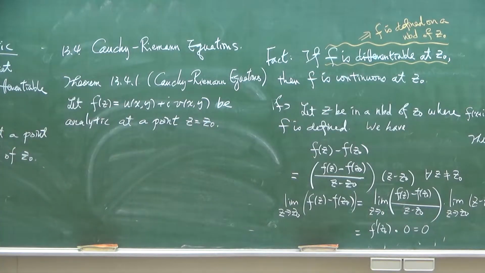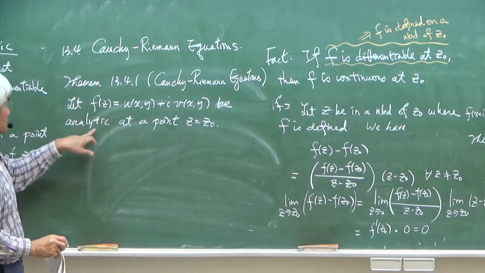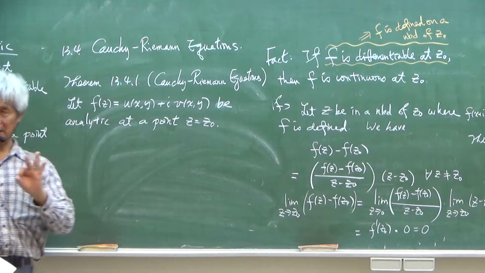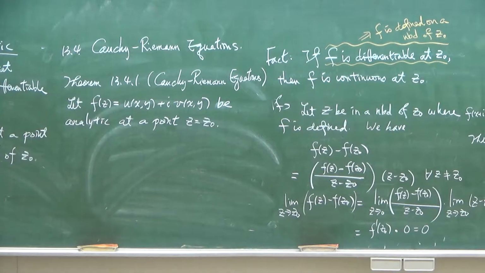Alright, so you have to refer to this definition. So we say this complex function is analytic at a point. Actually, we mean that it is analytic in a neighborhood of z0. Okay? Neighborhood of z0.